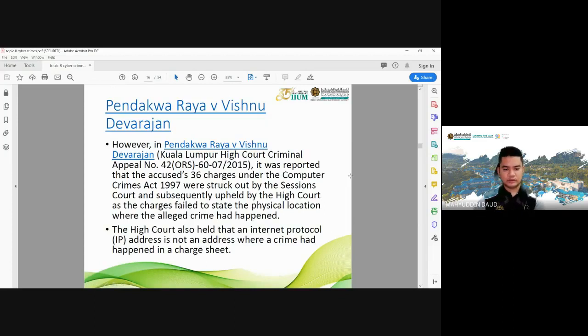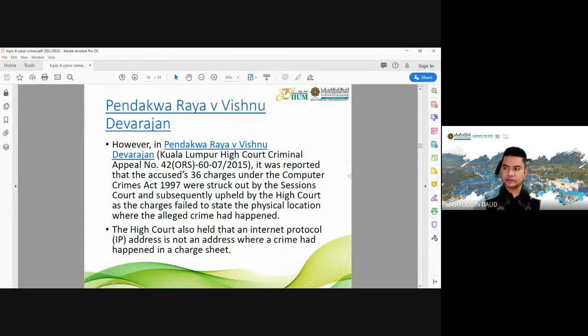So High Court held that an internet protocol address is not an address where the crime had happened in a charge sheet. So in the charge sheet, when you prepare a charge sheet, you don't put the crime scene as the number of the IP address. So you still have to identify the physical location.